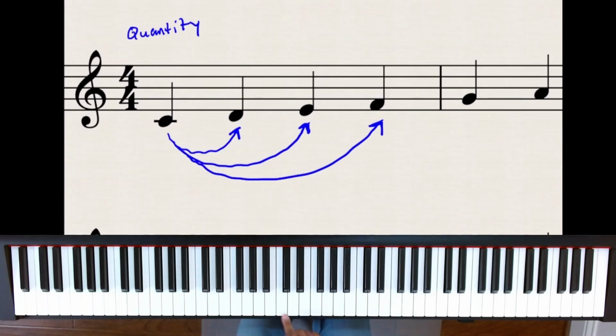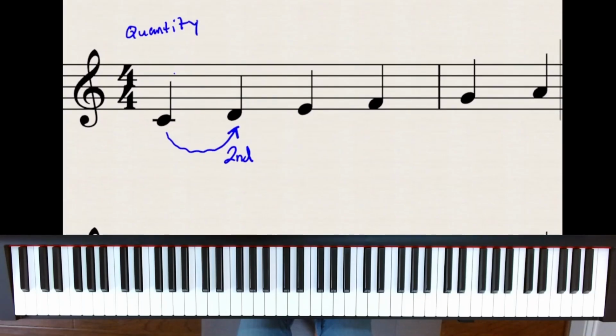Okay, so from C to D, we're just going to count. 1, 2. So from C to D is a second. Okay, so from C to E, we count 1 from C, 2, 3. That gives us a third.